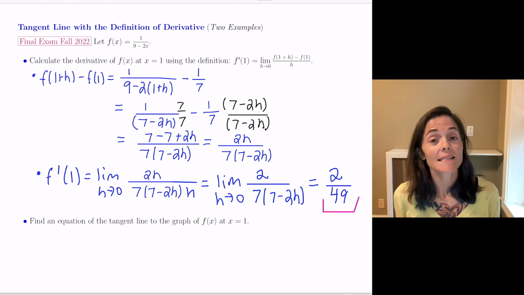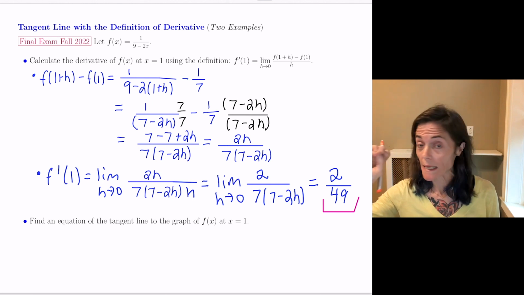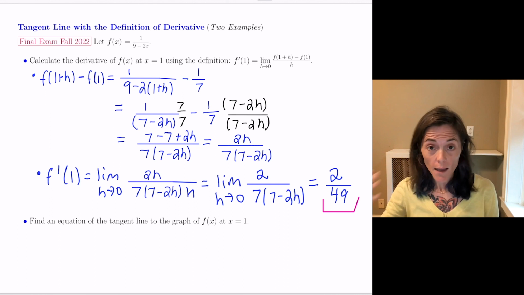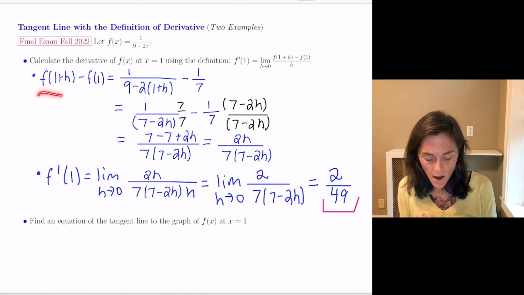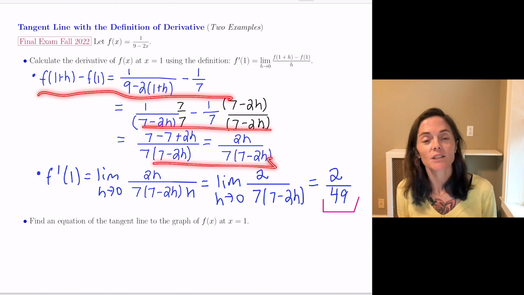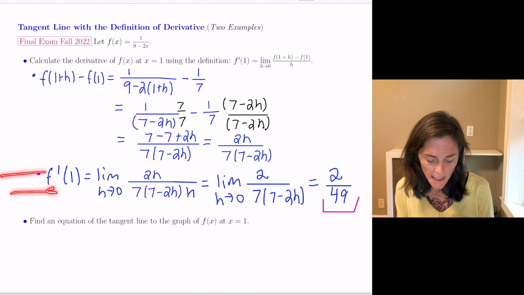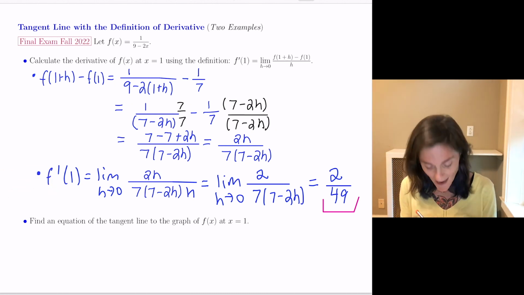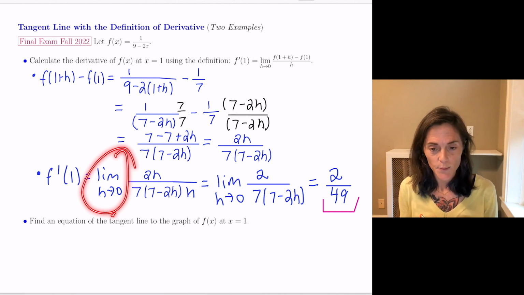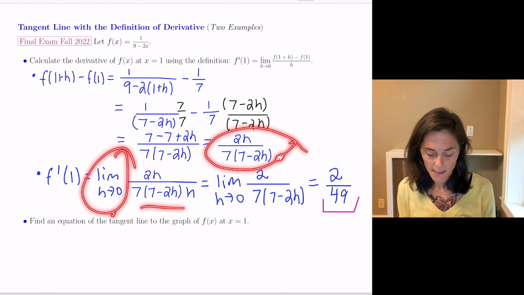Now, before we move on, we discussed in class how important it was to organize your work, how important it was to use equal signs when you mean equals, and how important it is to not use equals, well, when it is not equal. So here, all of this is equal to f of 1 plus h minus f of 1. But I wouldn't put an equals here because I have done something different. We start a new line. Now I'm calculating a limit as h approaches 0, and I take this, divide by h. That's what this is.